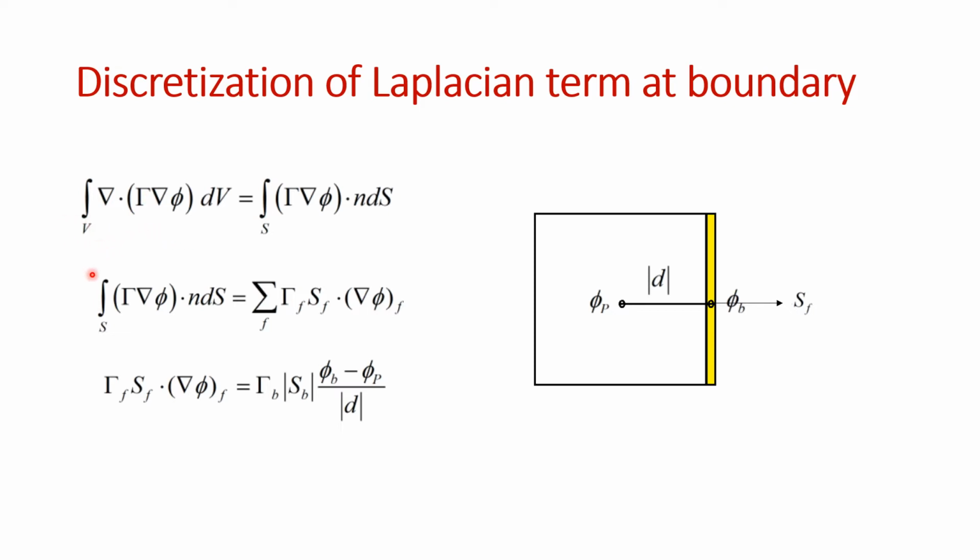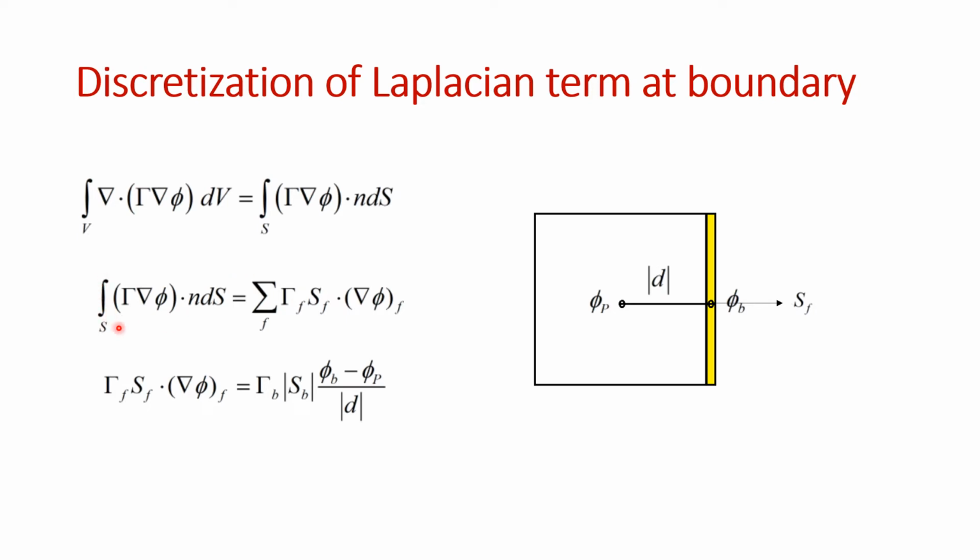Now this is actually a volume integral. First we have to convert it into a surface integral. We can convert it using the Gauss divergence theorem, and yes, we converted it. Now we have the integral over S of gamma grad phi dot n dS. We changed from volume to the surface.